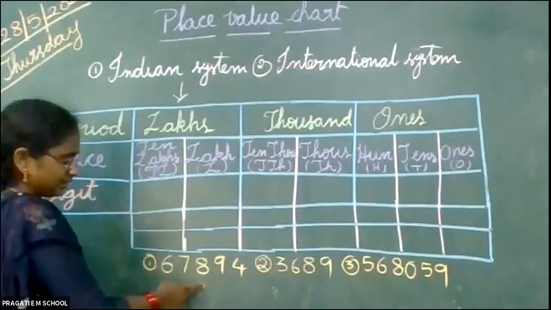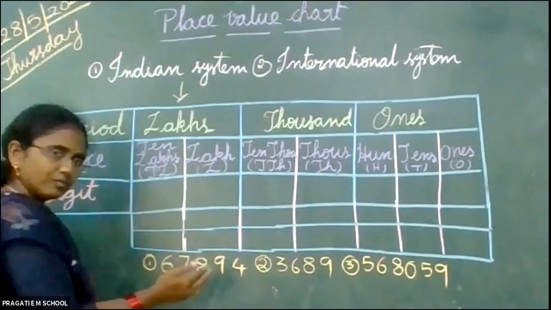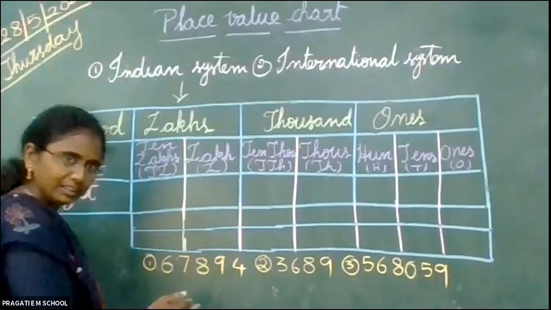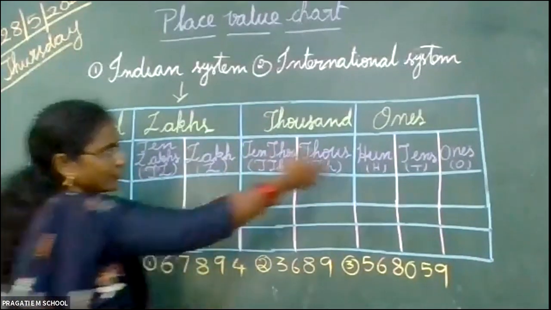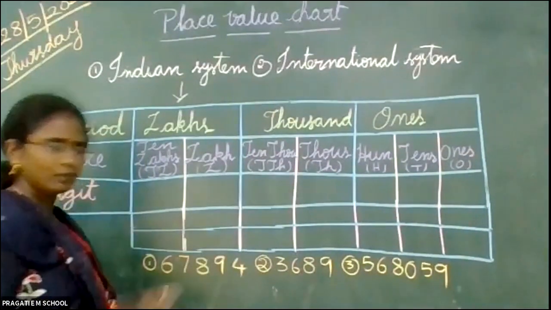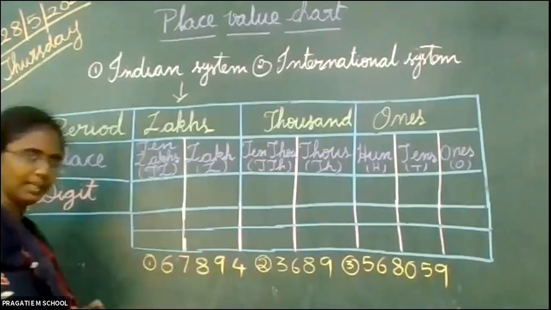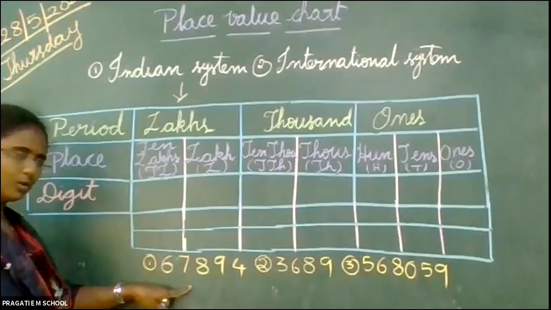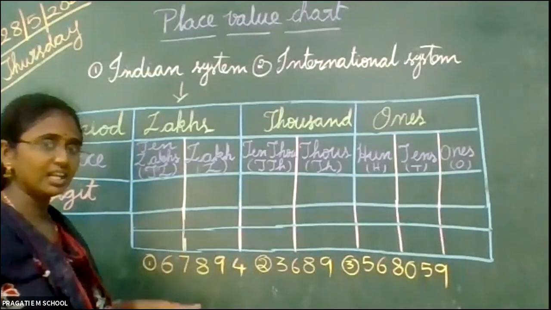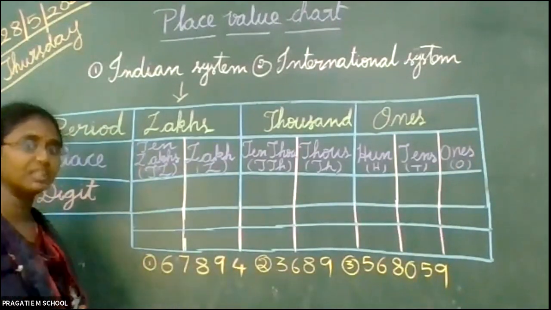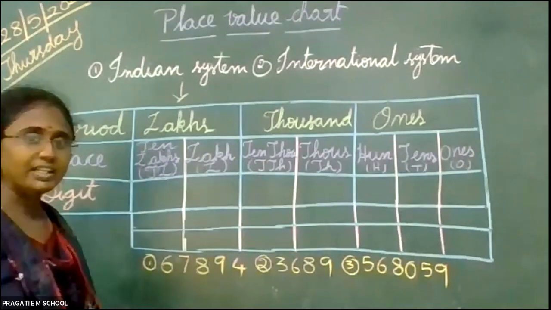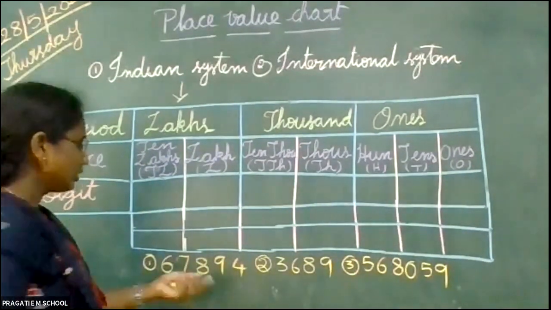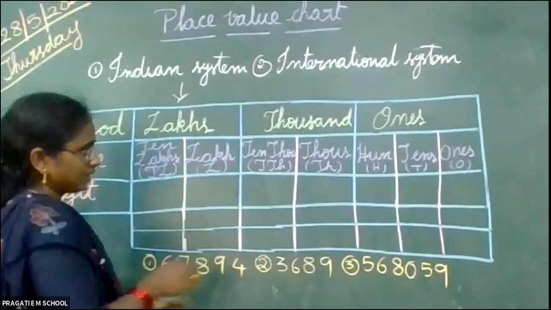Okay. The first thing is, we have to write the number in the chart starting from the ones place onwards, so right to left. Ones, tens, hundreds, thousands, 10,000s. That's the reason I introduced the place values before, so it is easy to write that.